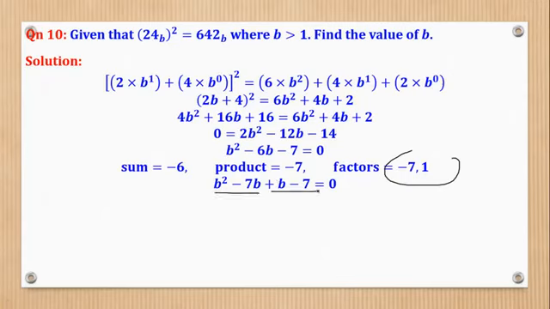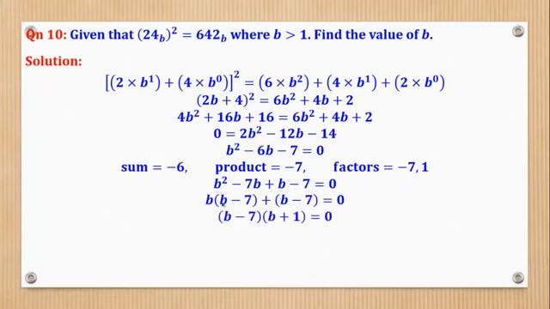Then factorize by grouping. For this one, if I pull out b, I remain with b here and negative 7 here. Here, if I pull out 1, I remain with b negative 7. So pull out b minus 7 here, and you remain with b plus 1 equal to 0.